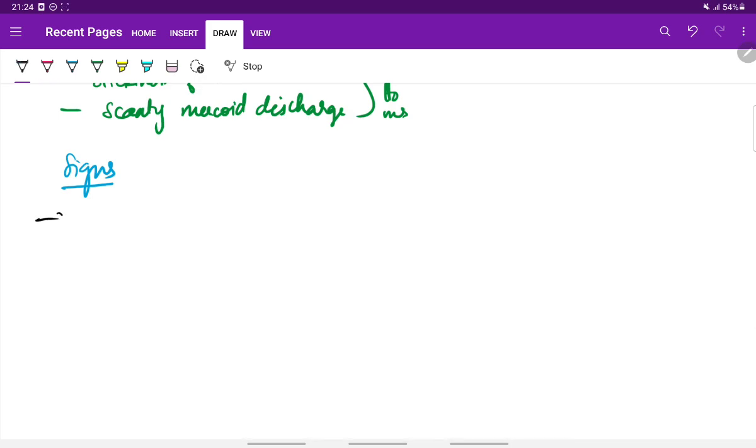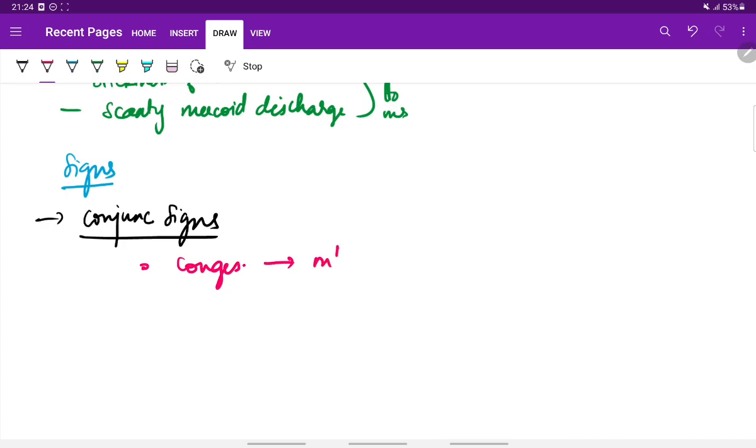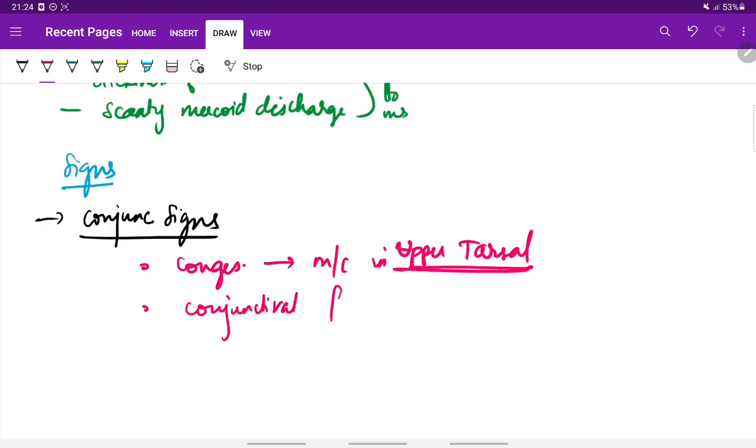In the signs, first let's see the conjunctival signs. The conjunctival signs include congestion of the conjunctiva, more commonly in the upper tarsal conjunctiva. Next, there is presence of conjunctival follicles. These are also more common in the upper tarsal conjunctiva.